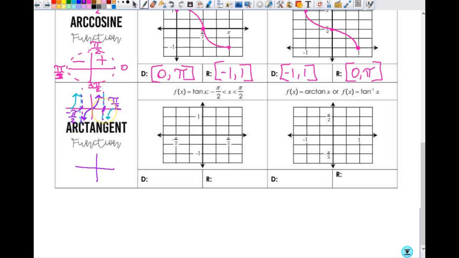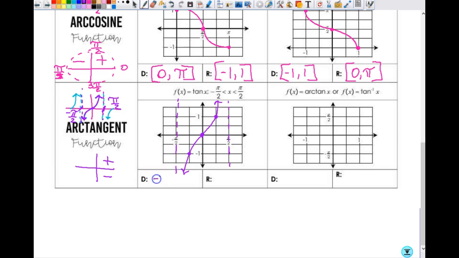Okay, so my angles again go from negative pi halves to pi halves because tangent's positive here and negative here. So when I graph this tangent, I have asymptotes at pi halves, 0, 0, and then I'd go to pi fourths 1 and negative pi fourths negative 1 to get this drawn in here.